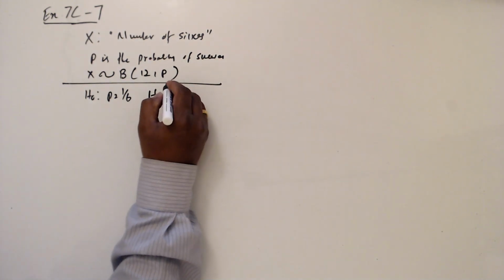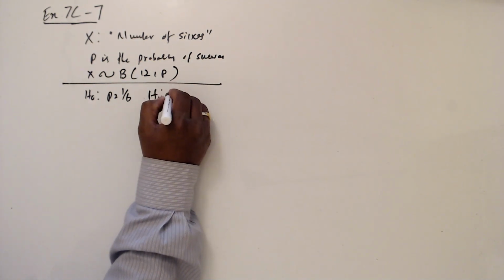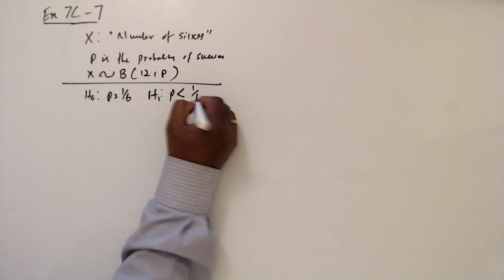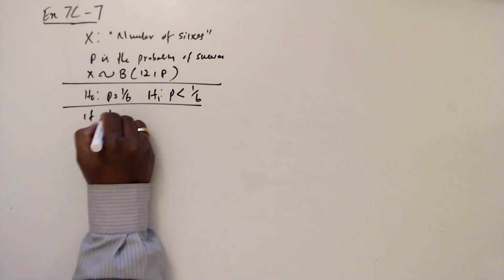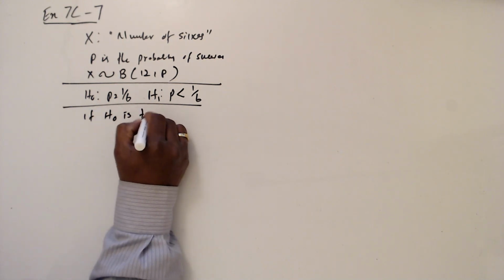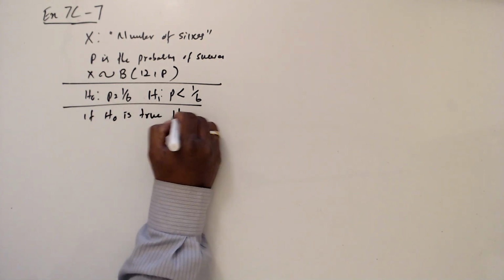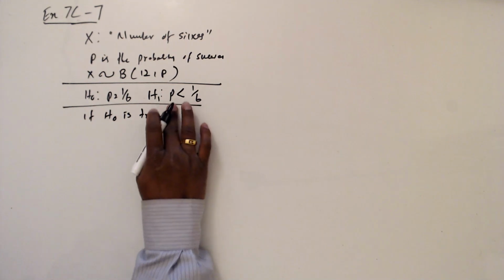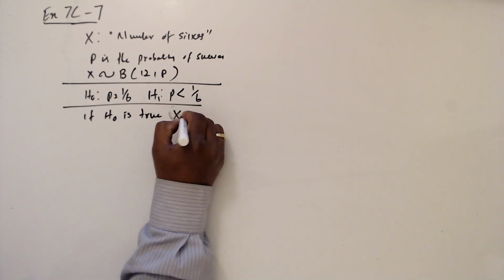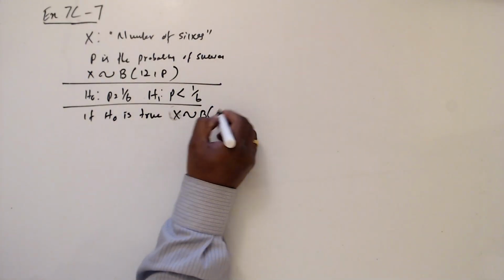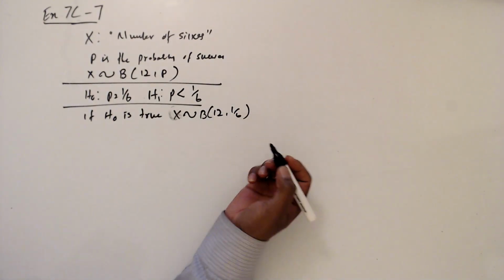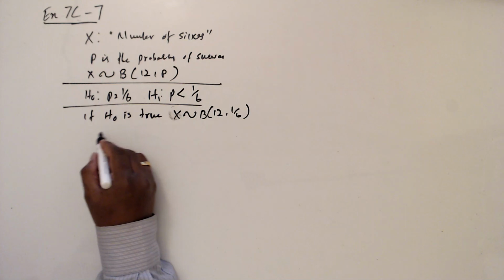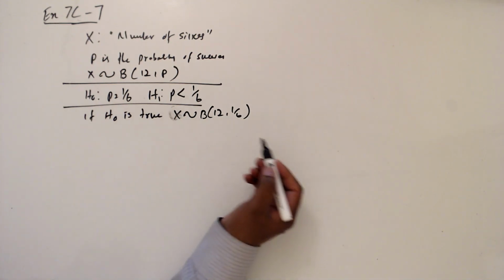The alternative hypothesis is that P is less than 1 over 6. So if H naught is true, X should follow binomial 12, 1 over 6. If not, if H1 is true, then something else.